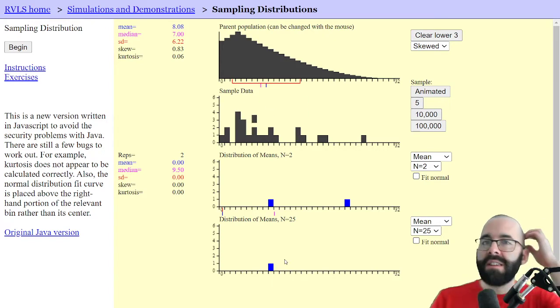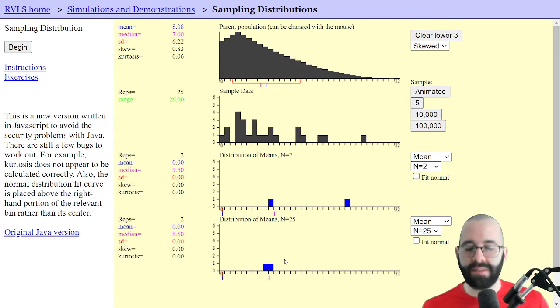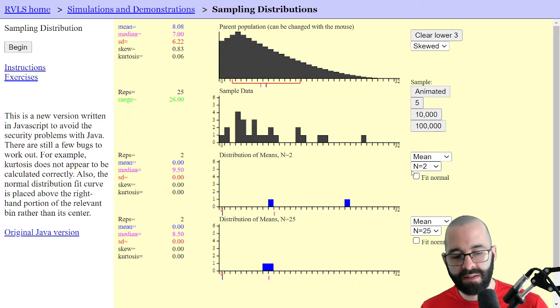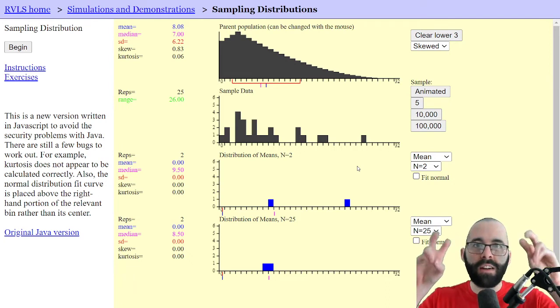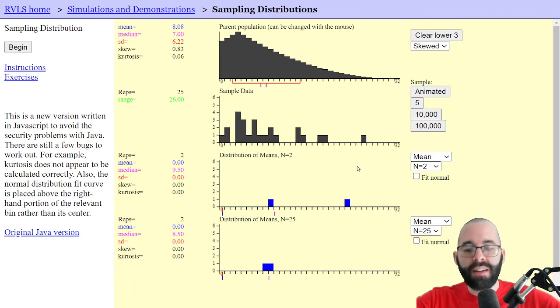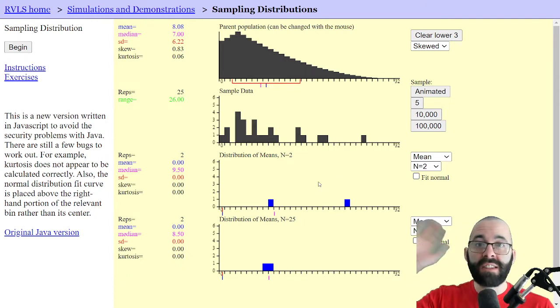Now, what do you think is going to be some of the differences between these 2 things? If we're only asking 2 random professors, it should be a lot more random, a lot more variability in these averages. But if we're asking 25, then that's a lot more people.